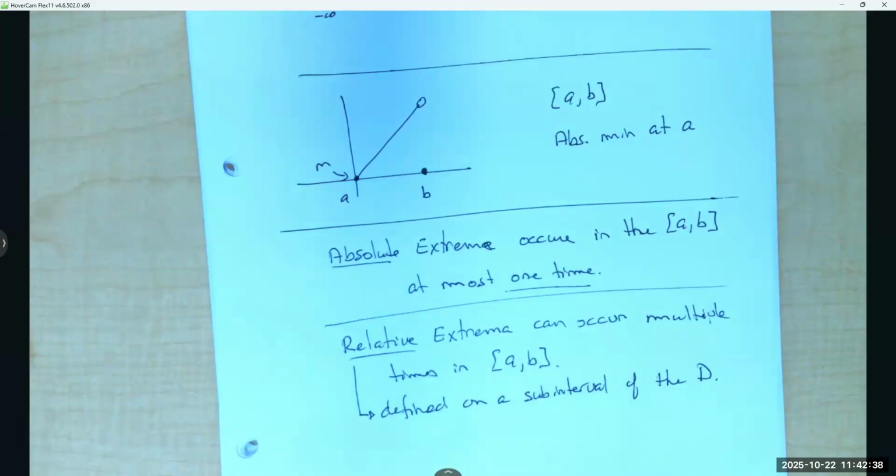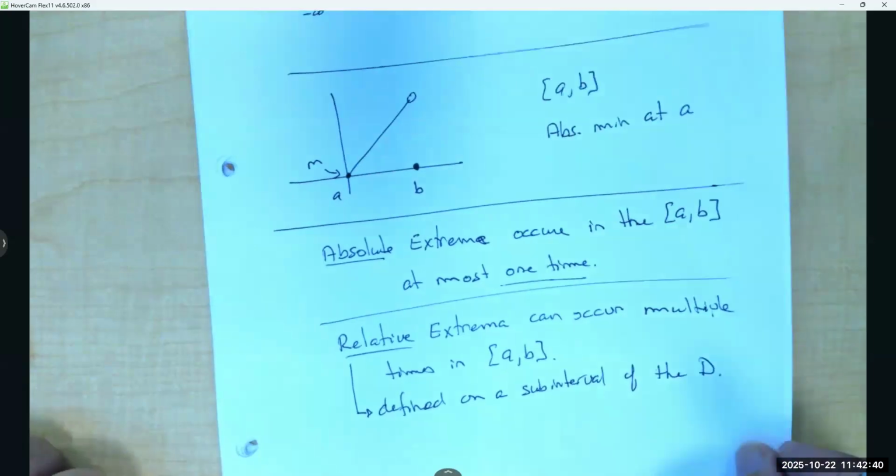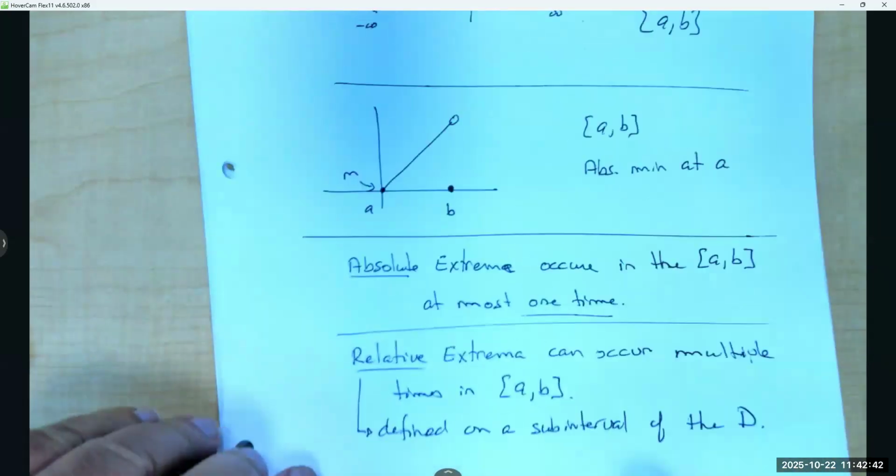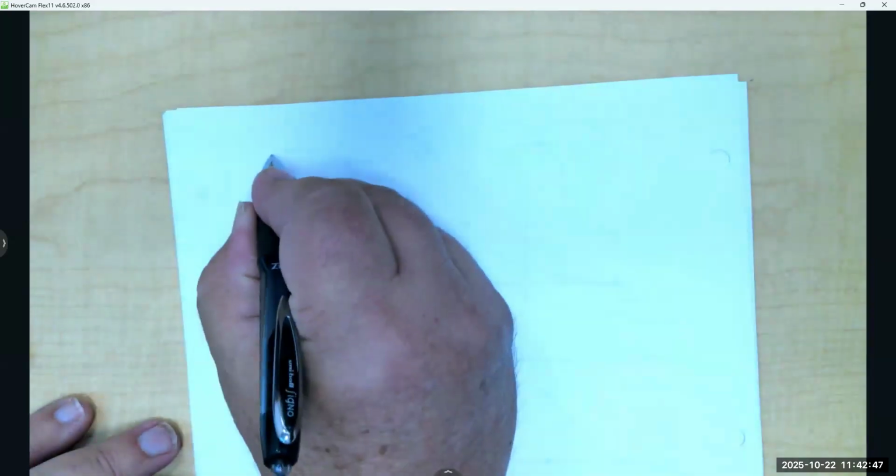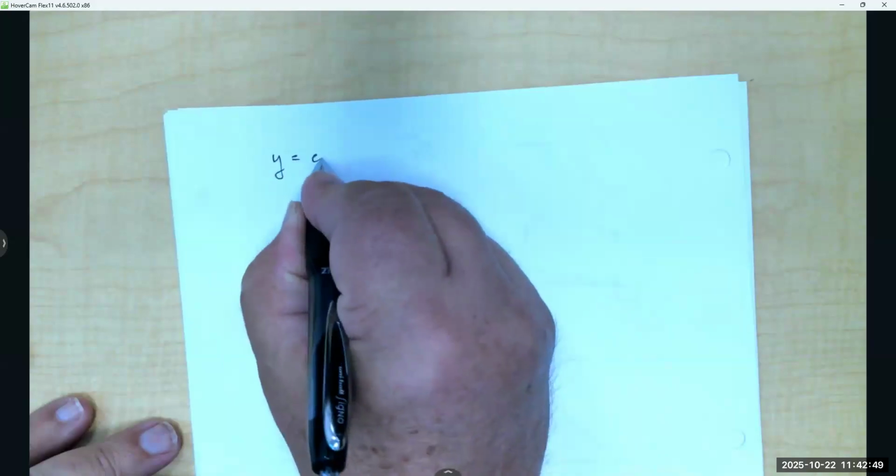So the perfect example. Does that have absolute maximum, absolute minimum? Well, actually, yes and no. Does it have absolute maximum, minimum?